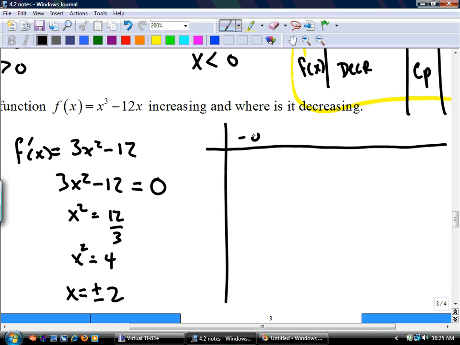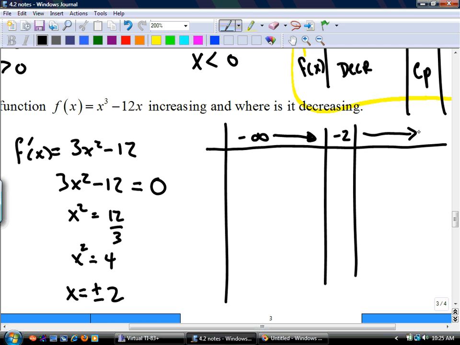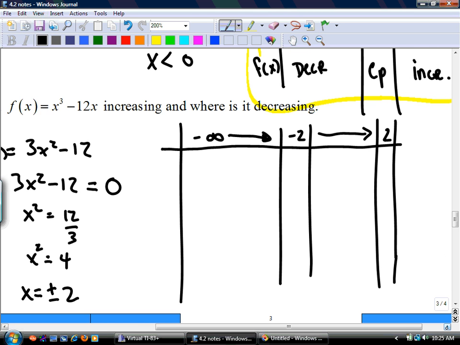So, negative infinity, we're going to go to our first critical point. As we go along the number line, which is the first critical point we meet? Negative 2. Then we go to our next critical point, and then on to the endpoint of our domain, positive infinity. These are freebies. These are critical points.